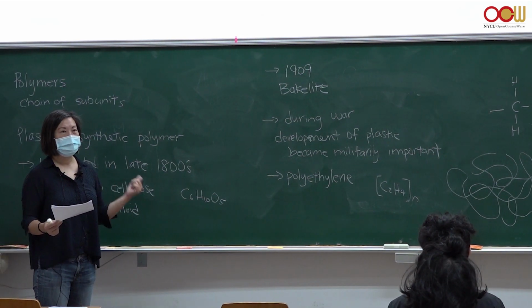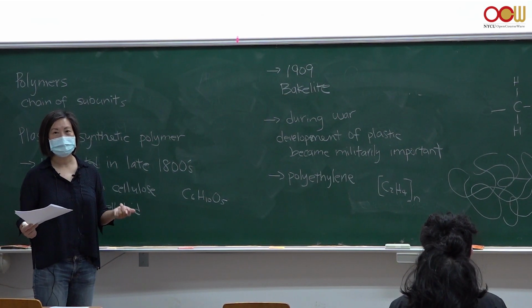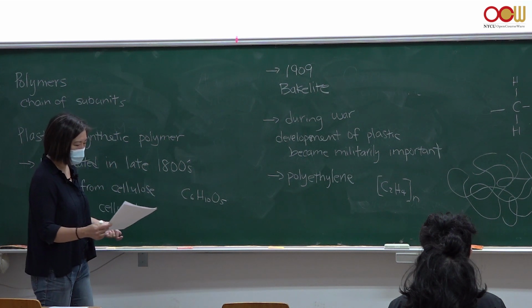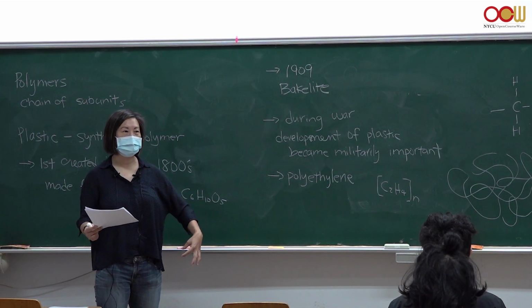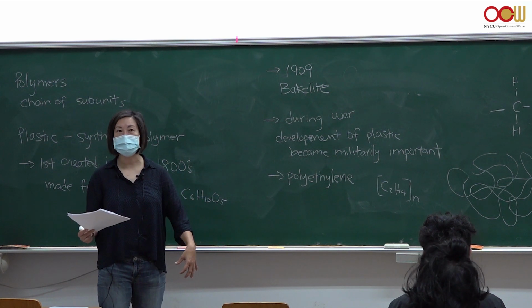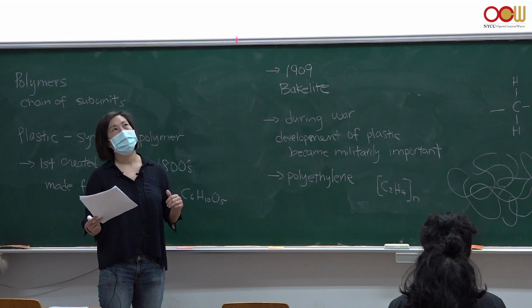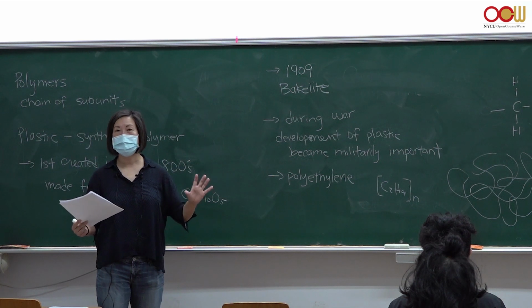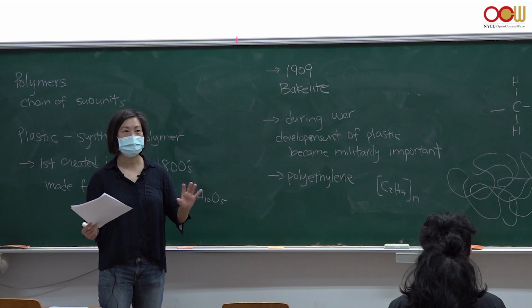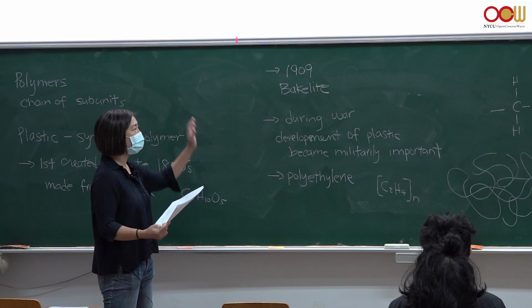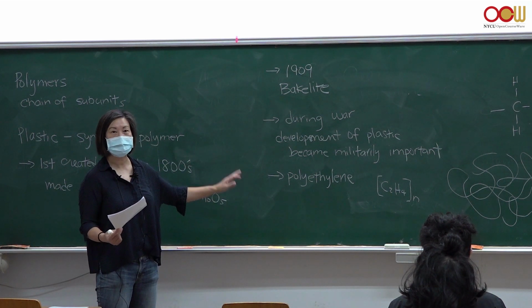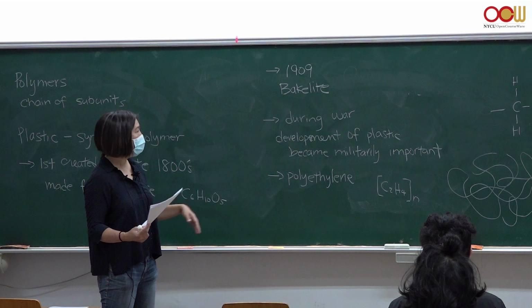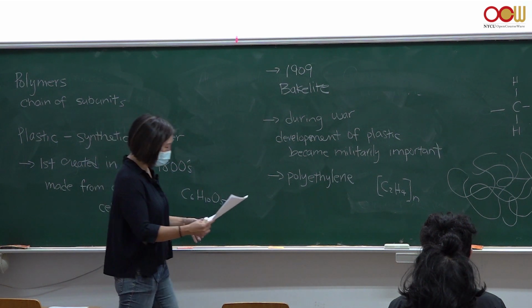Your bottles, plastic water bottles, are made of polyethylene. Biomedical applications like artificial hip joints and knee joints are usually made of polyethylene. Water pipes are made of polyethylene. Probably the most common polymer plastic that we use in our everyday life is polyethylene. And there are different kinds of polyethylene.